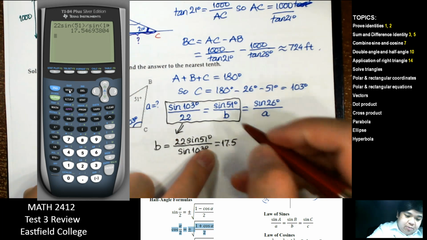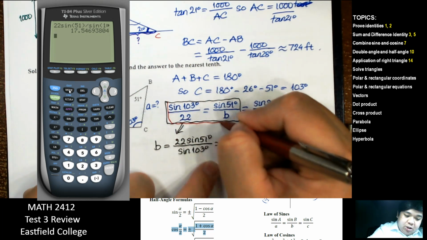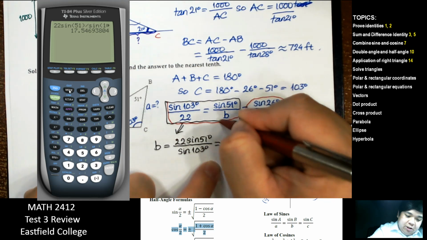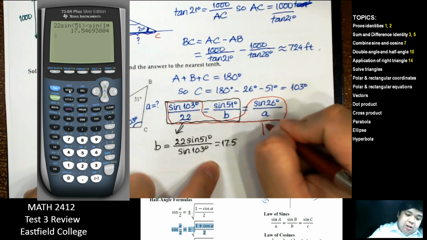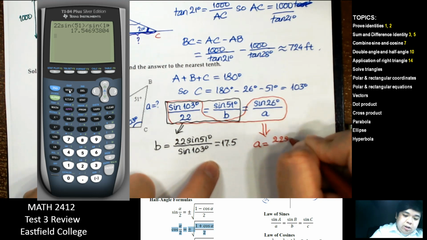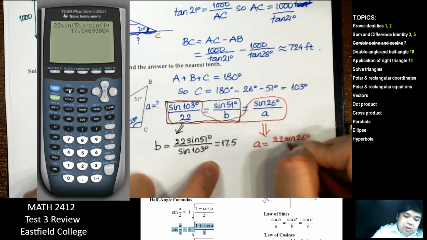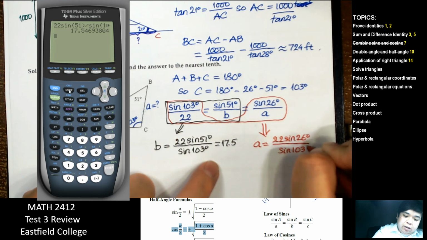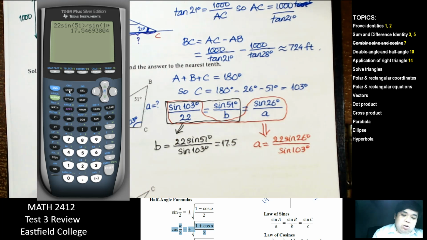Next, need to solve for a, so we use these two ratios. And we have a equal to 22 sine 26 degrees over sine of 103. So we have 22 sine of 26, divided by sine of 103.